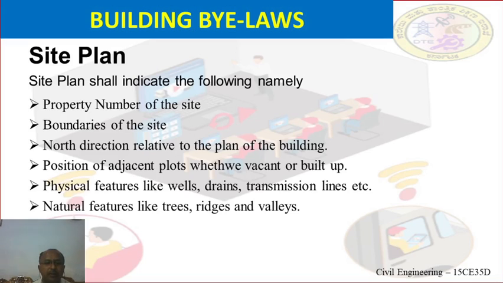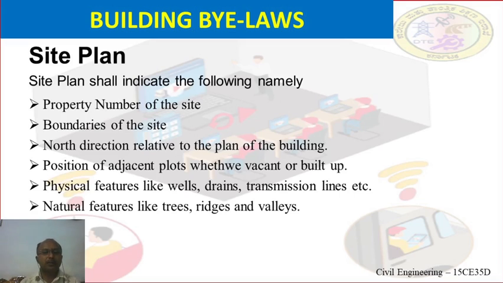Moreover, in the site plan we have to indicate features like wells, drains and transmission lines, and natural features like trees, ridges or valleys. So let us discuss one by one in detail.